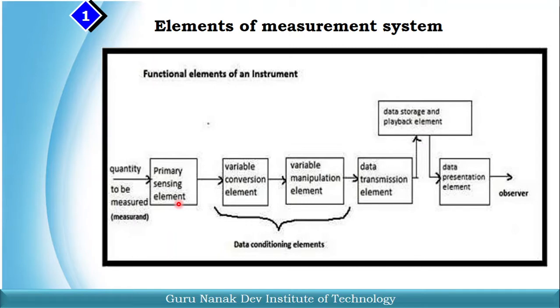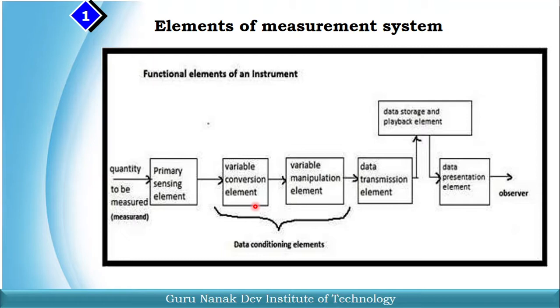Then the next part is the data conditioning element. The data conditioning element converts the output from the sensor into a suitable form for transmission, presentation and further processing. In the data conditioning element there are two subparts. The first one is the variable conversion element and the next one is the variable manipulation element.